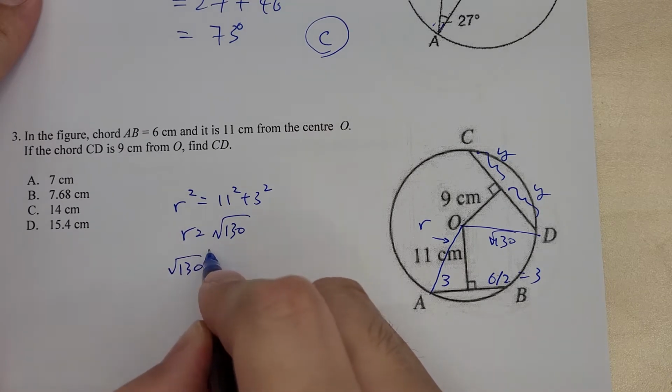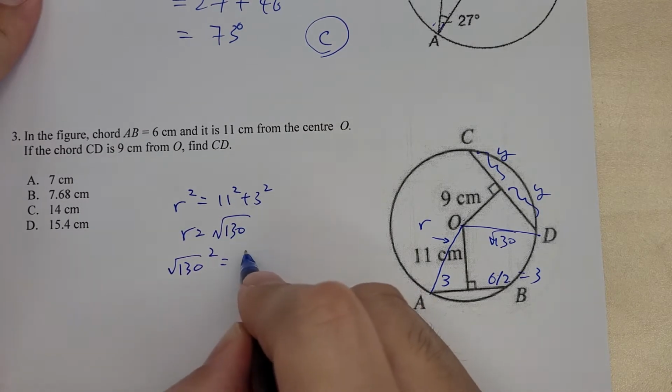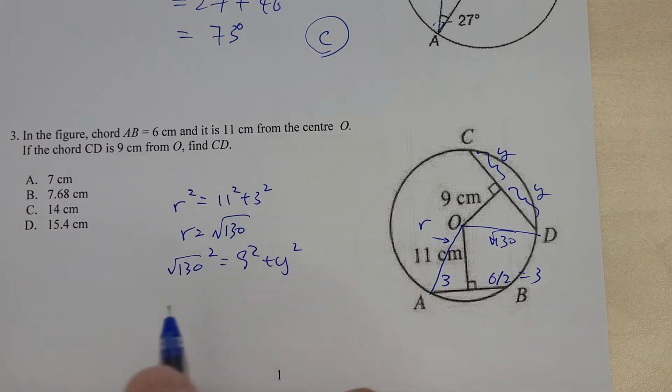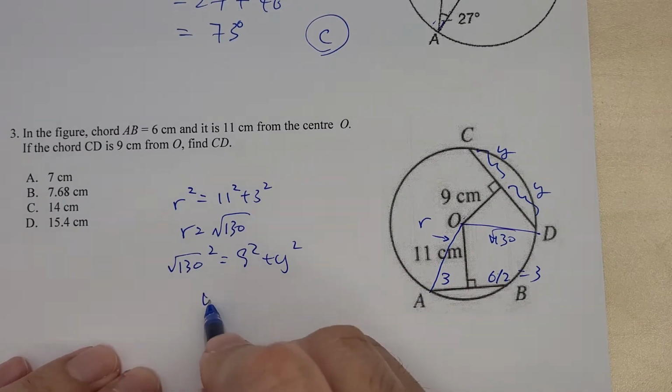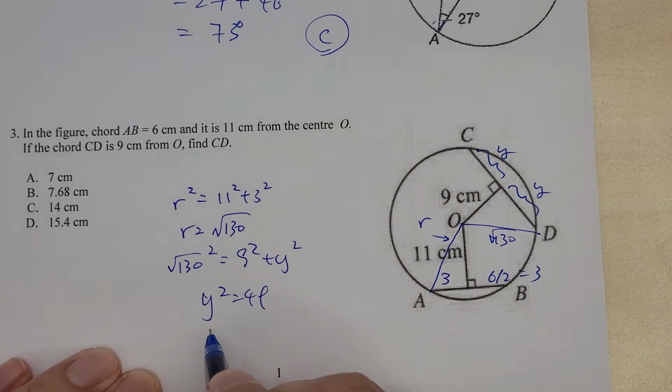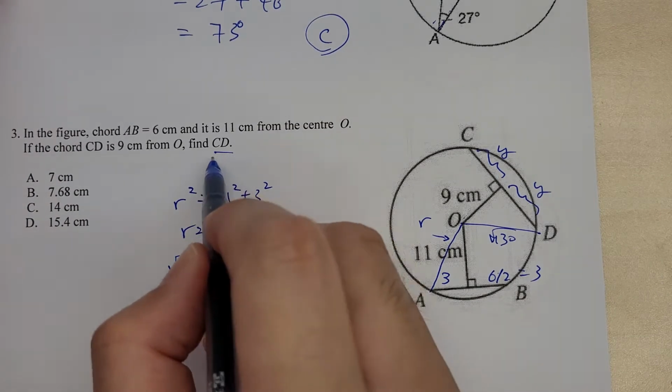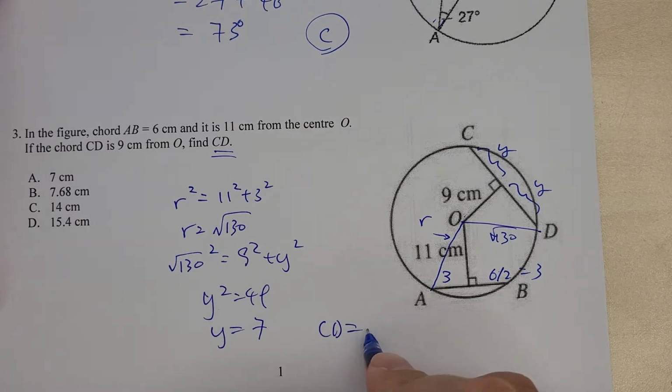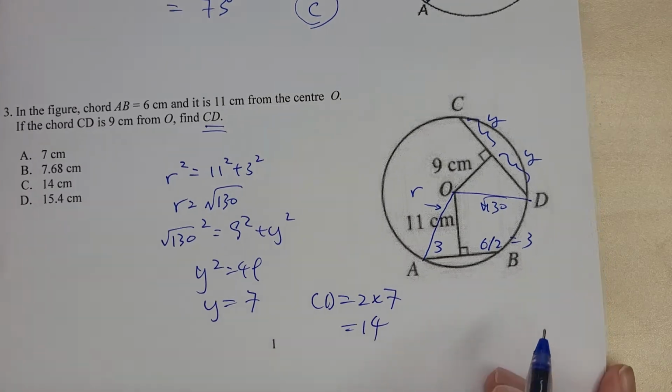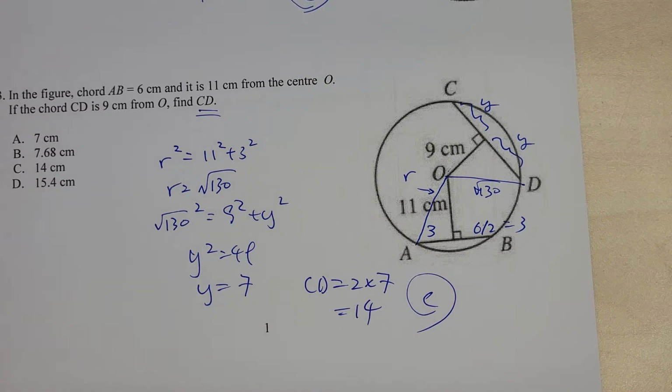Square root 130 squared equals 9 squared plus y squared. Then you get y squared is 49. So y is 7. But don't forget, you need to find CD. So CD is 2 times 7, that is 14. And therefore, the answer will be C.